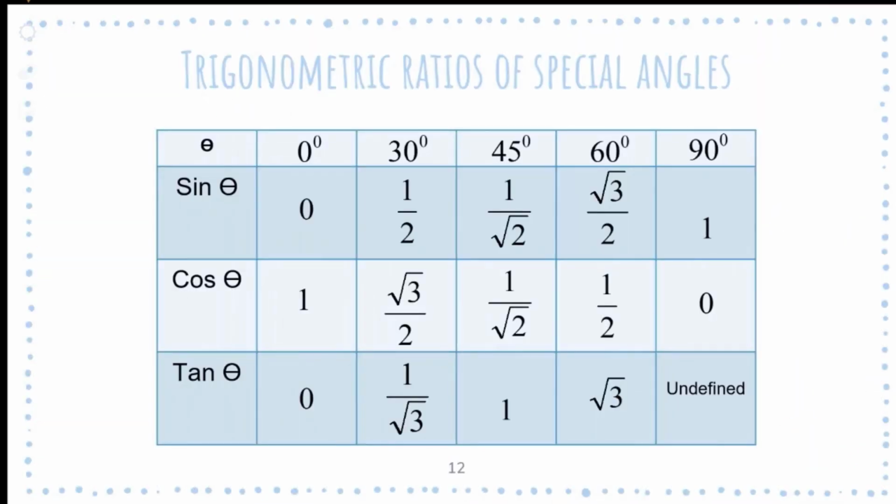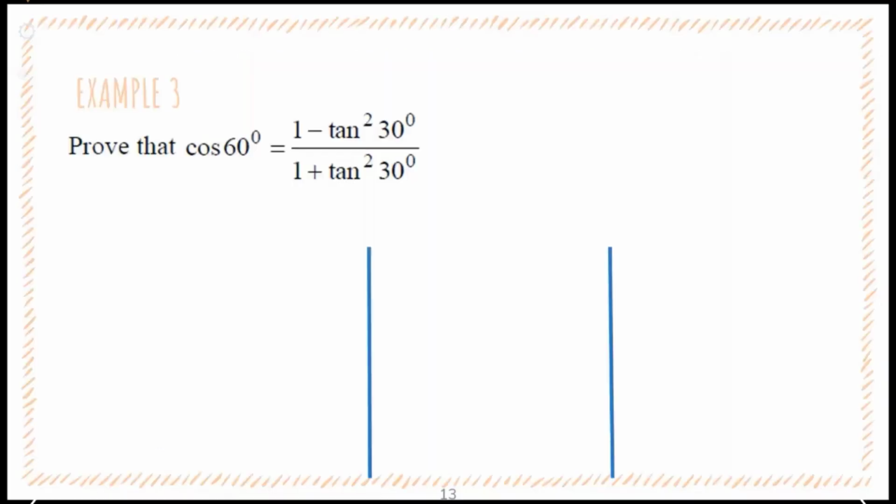So these are our special angles from what we have learned earlier. Our special angles are 0, 30, 45, 60 and 90. So we should know the exact values for all these angles. Let's try to answer example 3. Prove that cos 60 equals 1 minus tangent square 30 divided by 1 plus tangent square 30.